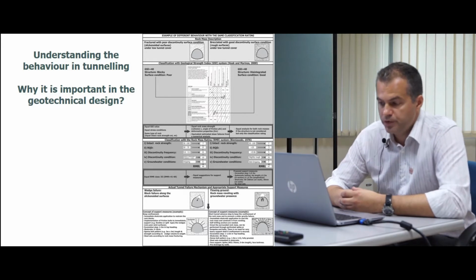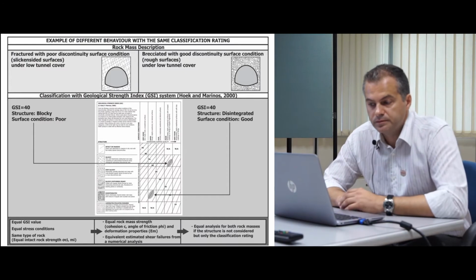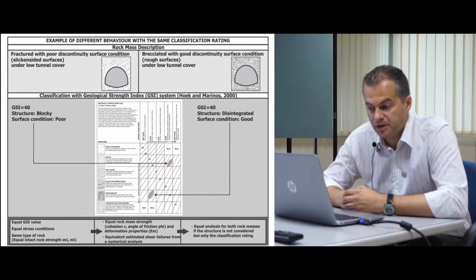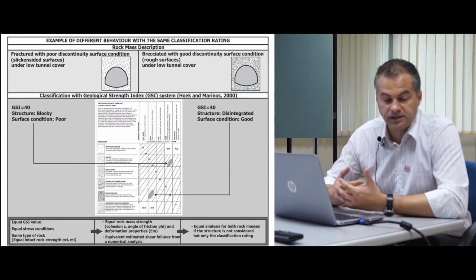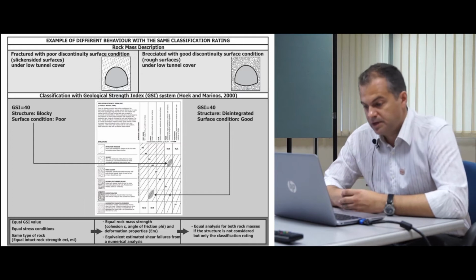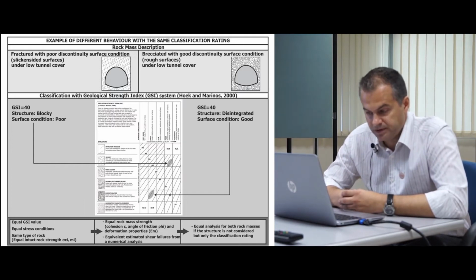I want to show you this example where we have two equal ratings of GSI and RMR systems, but totally different behavior, hence totally different support and excavation requirements.